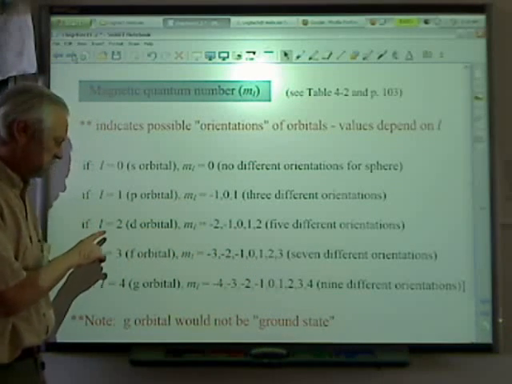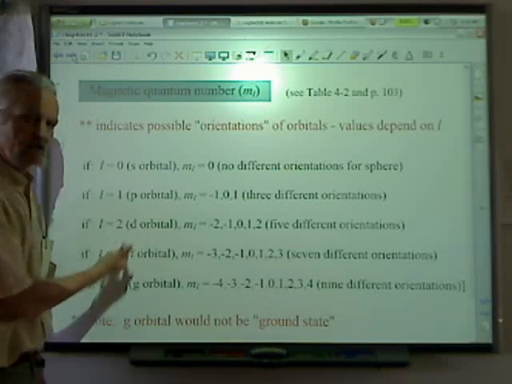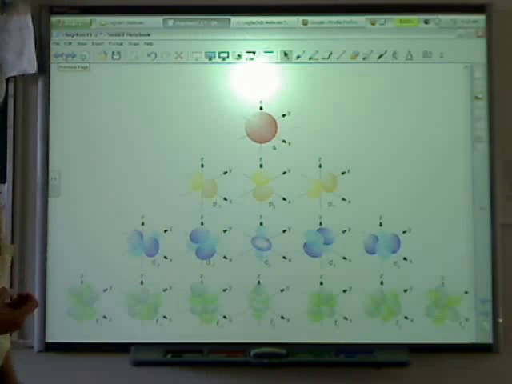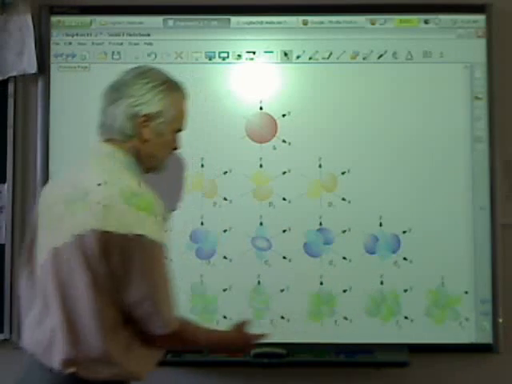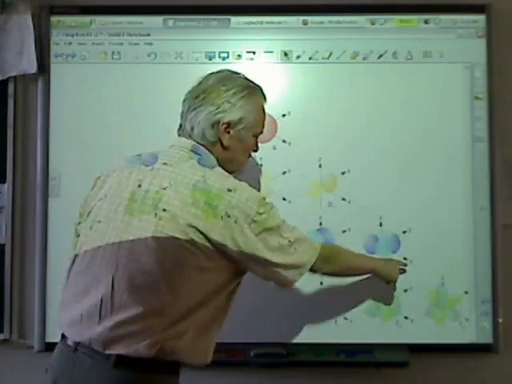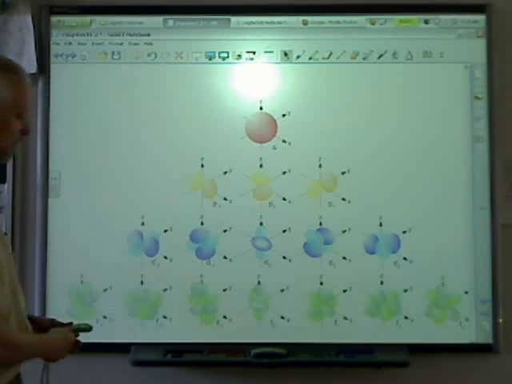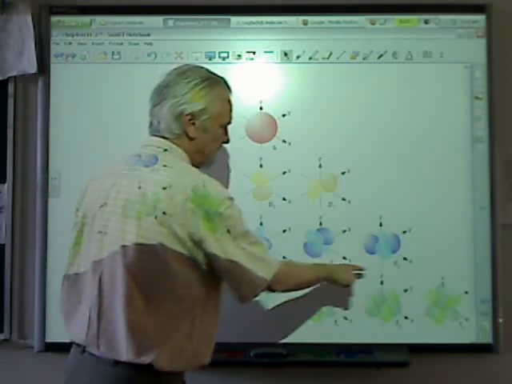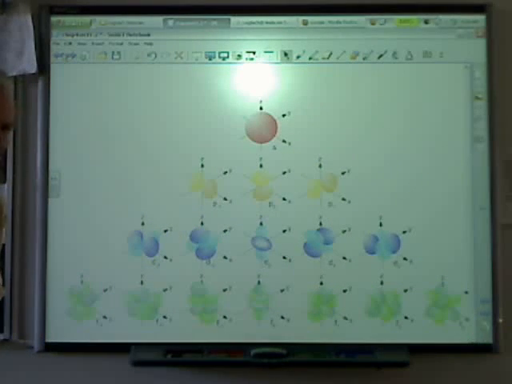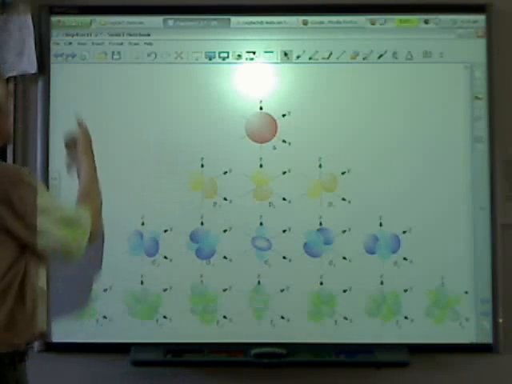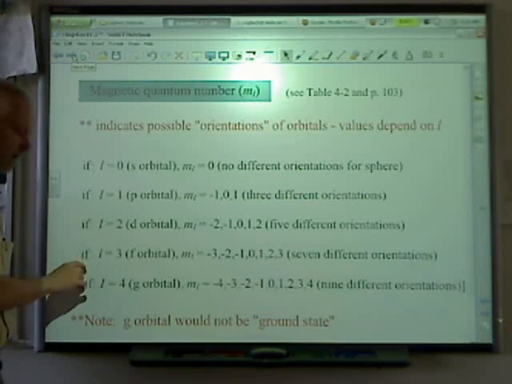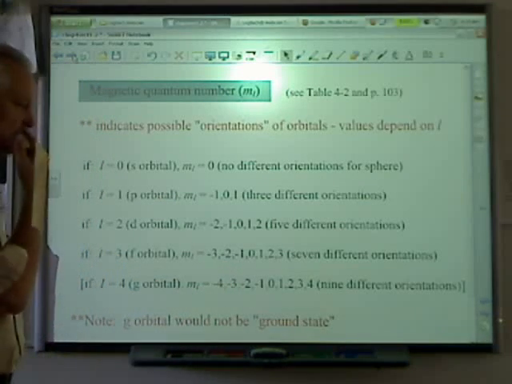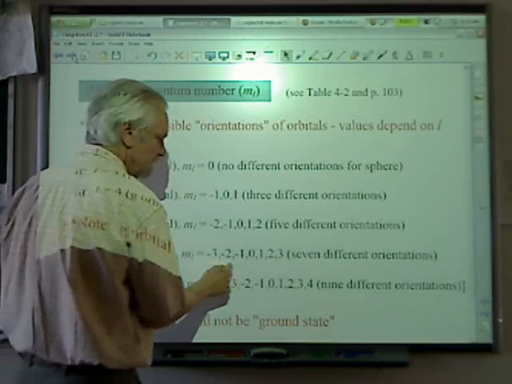If our angular momentum quantum number is 2, which corresponds to a d orbital, we now have 5 possible orientations shown here. These actually have more complicated names, but we'll just represent them as they do here with the magnetic quantum number of -2, -1, 0, 1, and 2, using our same tradition. And indeed, if we move all the way up to L equal to 3, giving us F orbitals, note that we now have 7 different orientations, numbered traditionally as are the other ones.